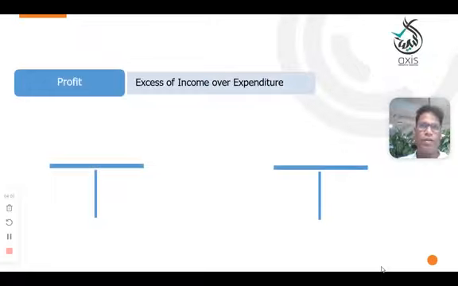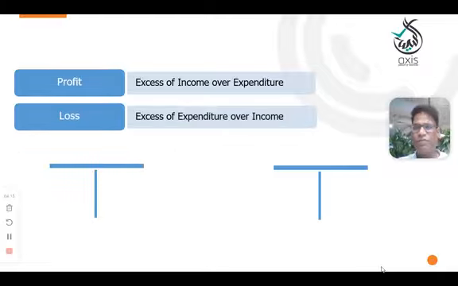Now the meaning of profit: excess of income over the expenditure is a profit. Loss means excess of expenditure over the income. If income is more than the expenditure, that will be your profit. If the expenditure is more than the income, that will be your loss.